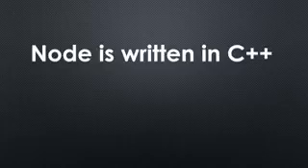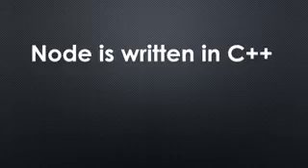Node is written in C++. Now you might be thinking, whoa, wait a minute. Everything I see about Node and when I'm trying to learn Node.js is about JavaScript. When I'm writing Node, I'm writing JavaScript. Well, that's true. You're writing in JavaScript. We write in JavaScript when we write Node programs, but Node itself is written in C++.